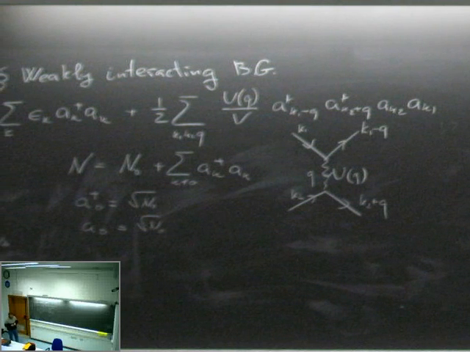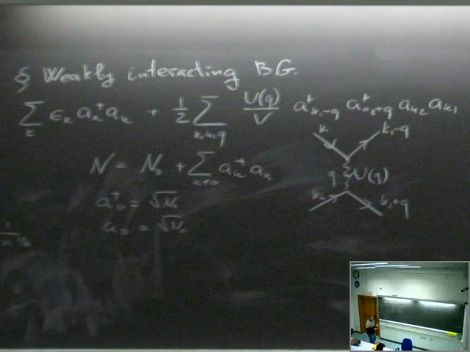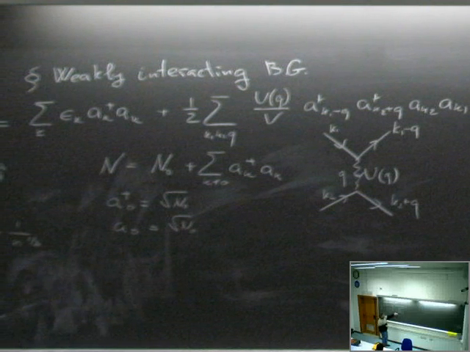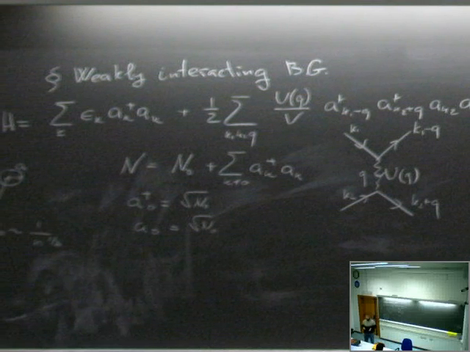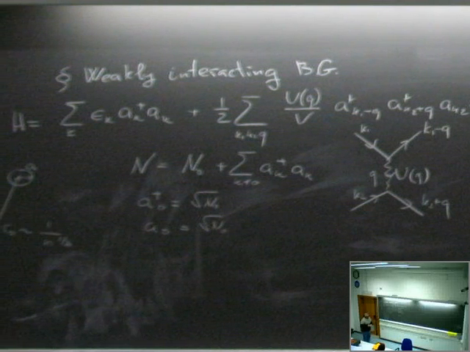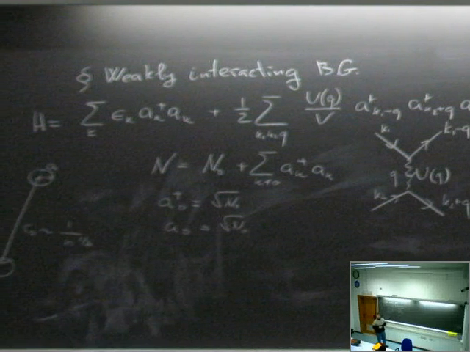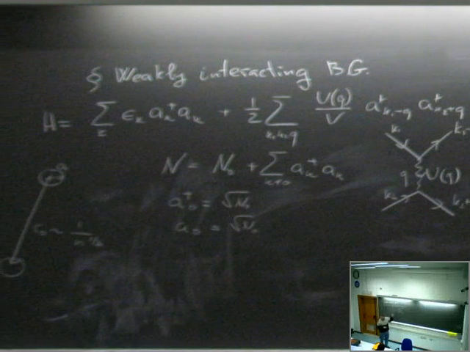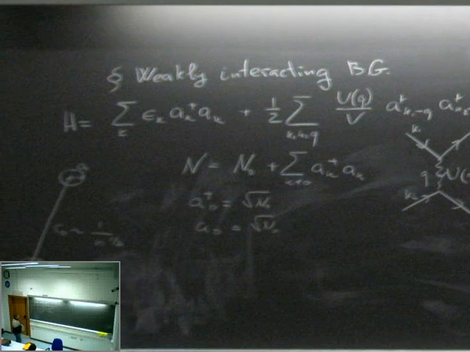But as I said, there are several possibilities, namely all bosons involved in the scattering can be in the condensate, or one of them before scattering is in the condensate, then one after scattering is too, or all of them are not in the condensate.